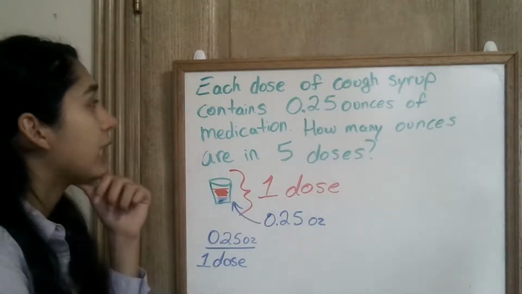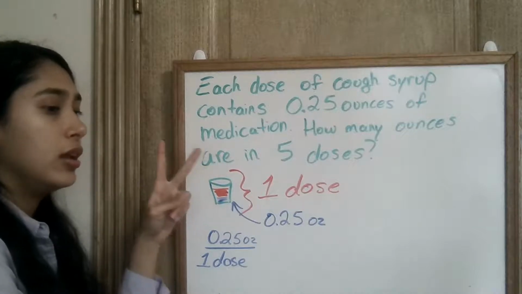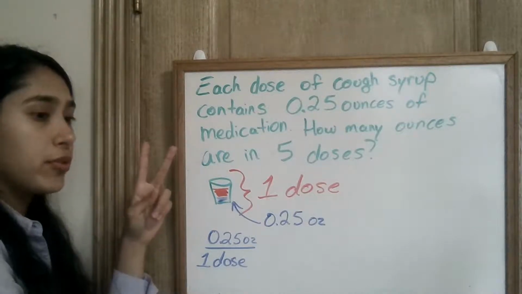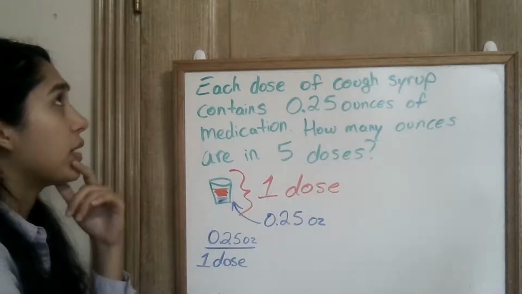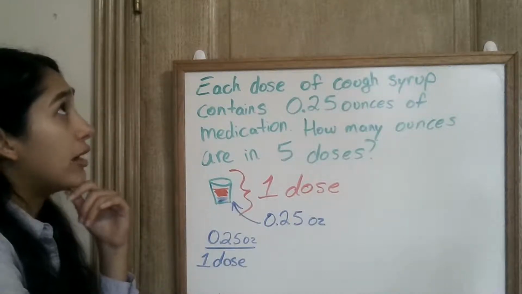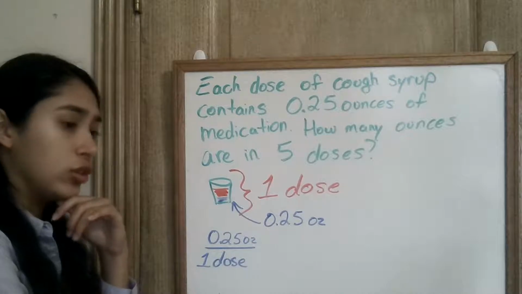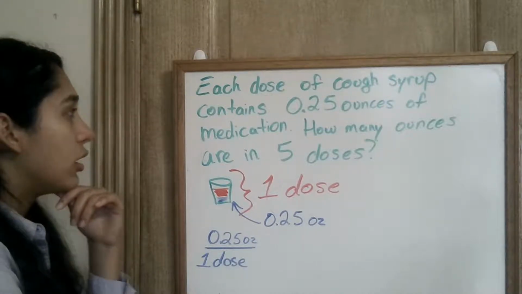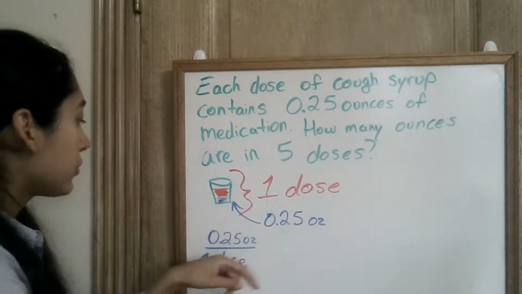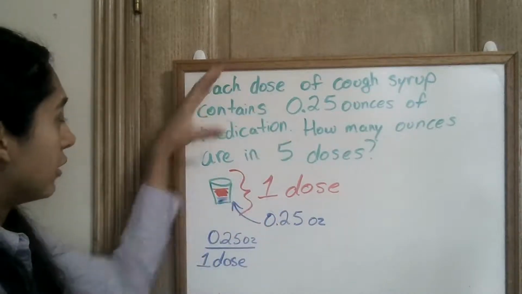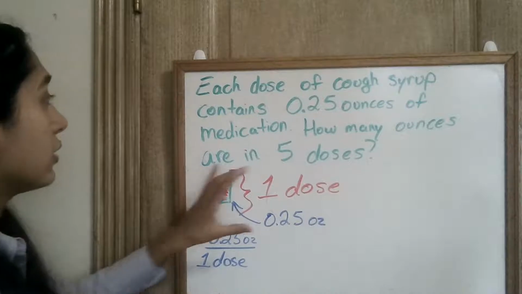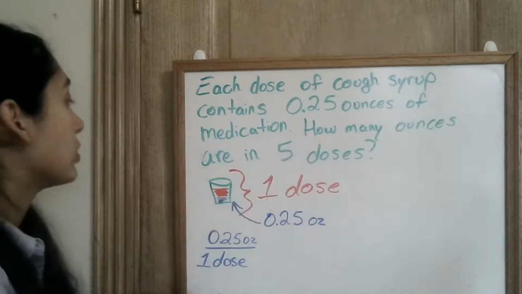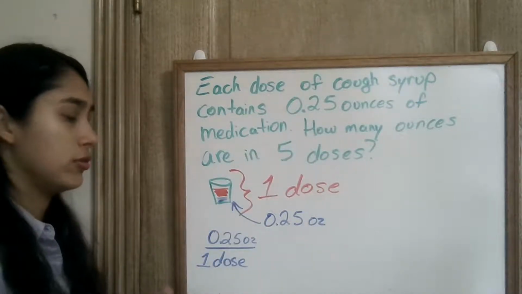Now this is a two-step problem. There's not going to be many two-step problems, but there will be some. If I'm not mistaken, maybe around a third of them. You calculated your fraction from the word problem, and now it asks how many ounces are in 5 doses. Okay, so 5 doses.